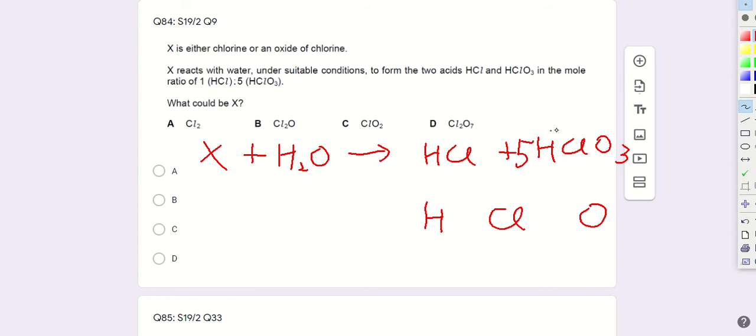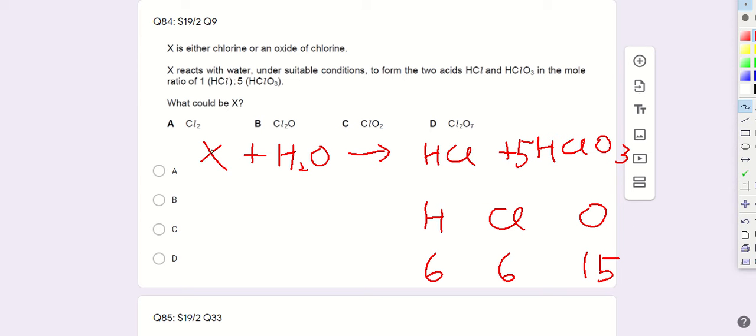One hydrogen here, 5 hydrogen, so altogether 6 hydrogen. Chlorine, 1 chlorine here, 5 chlorines here, so 6 chlorines. Oxygen, 3 here, multiplied by 5, so 15.